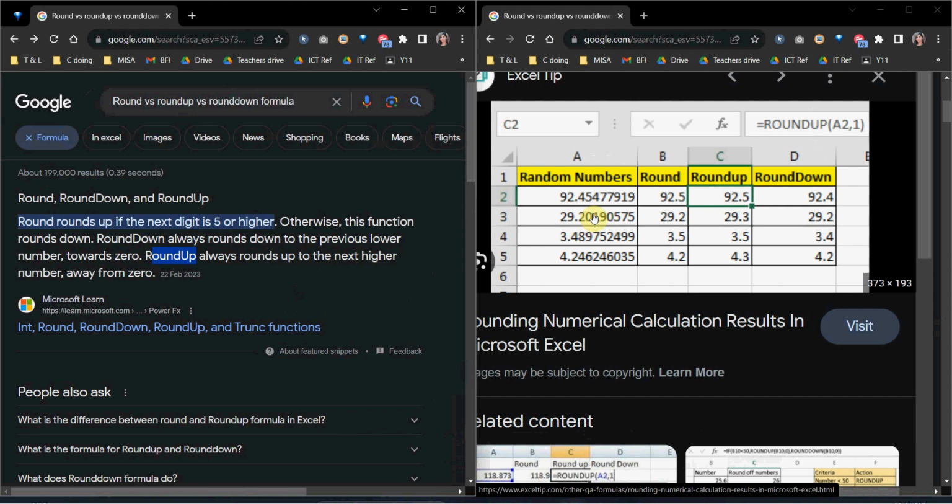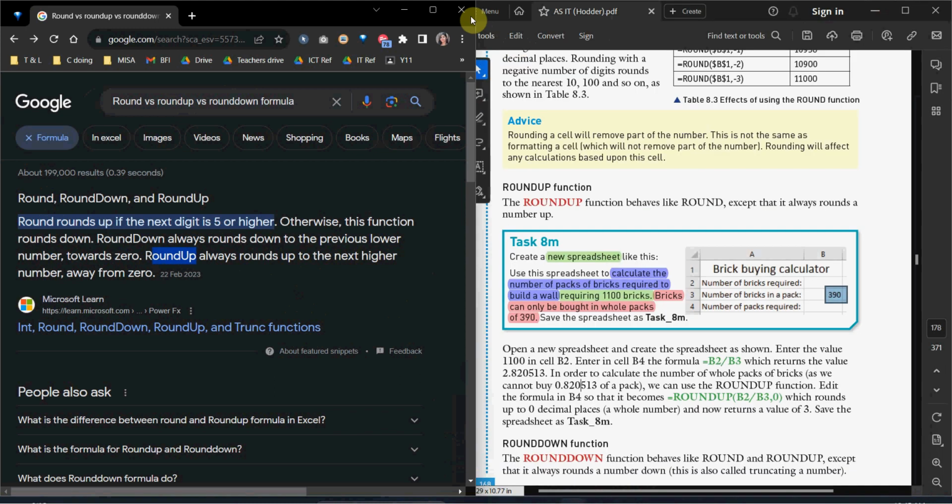In round up, as usual, we're going to increase it, and in round down, we're going to keep it as it is, 2. The next one, 4.8, that's going to increase. 4.5 also is going to increase, and this one will stay as it is. The same for the last one, which is 2, will stay as it is in round, but in round up it will increase, and in round down it's going to stay the same number.